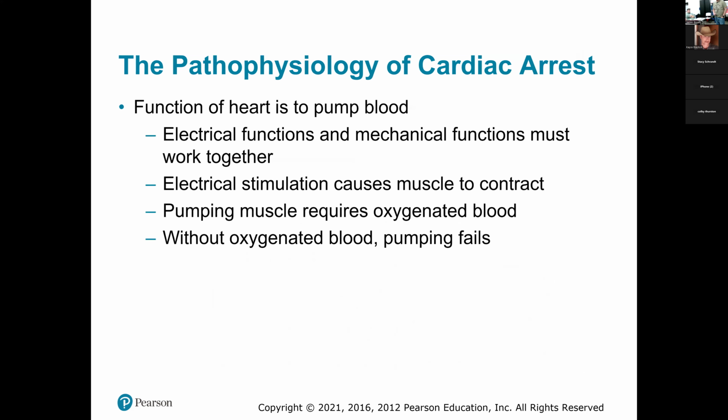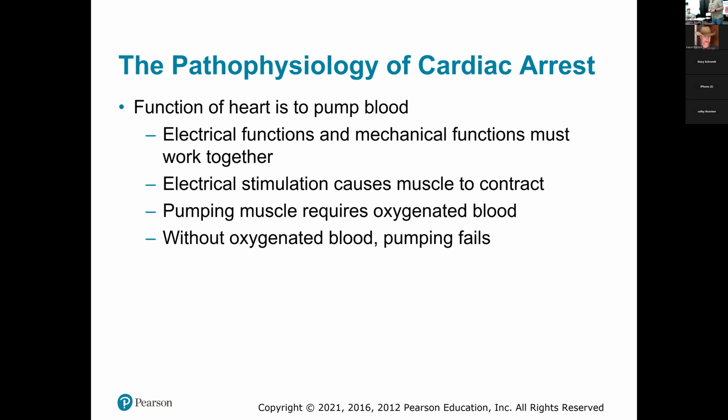All right. Function of the heart is to pump blood. So it's just basically a big, huge pump that squeezes. Every time it squeezes, it pushes blood somewhere. You know, it's either to the lungs or to the body. It has to have significant pressure behind it to get all the way around through the body. And it has to have the right electrical current to fire off the muscles in the heart.